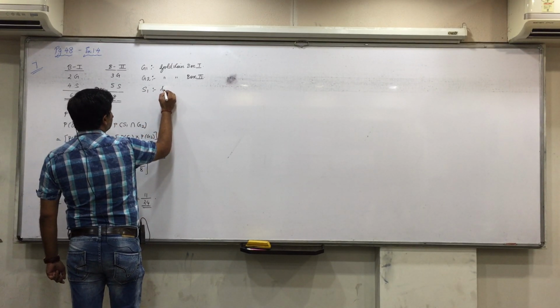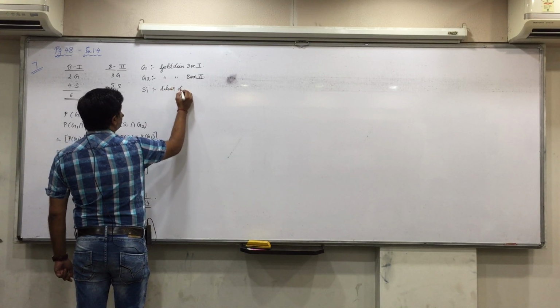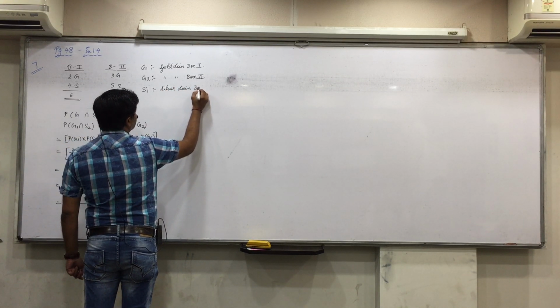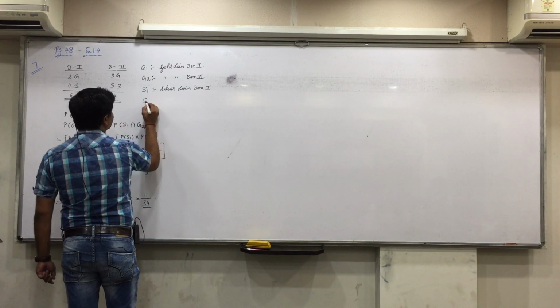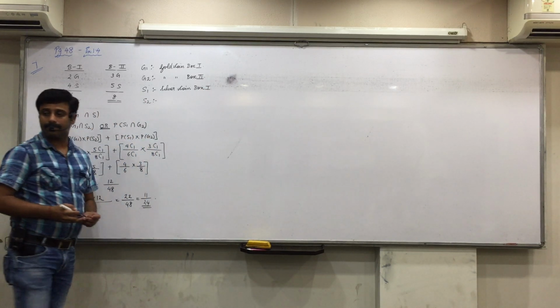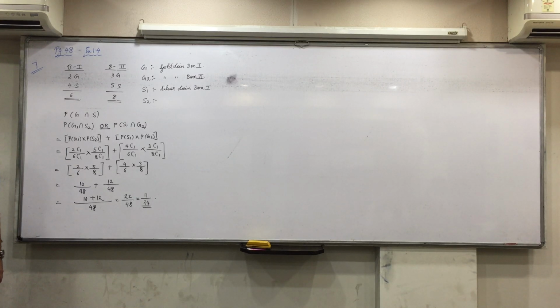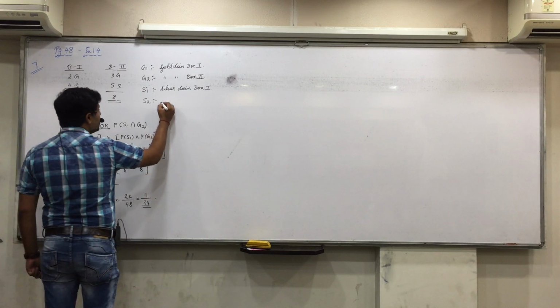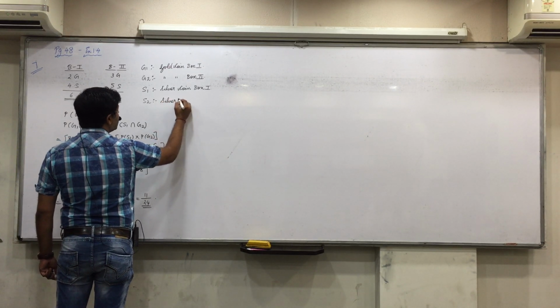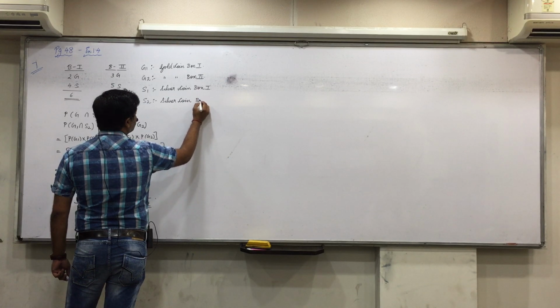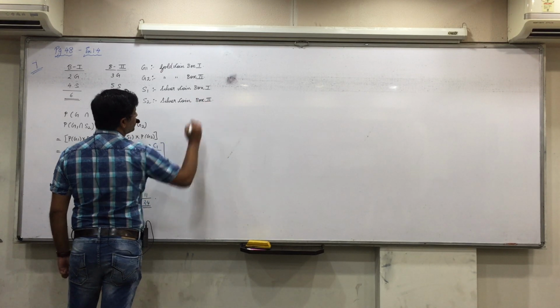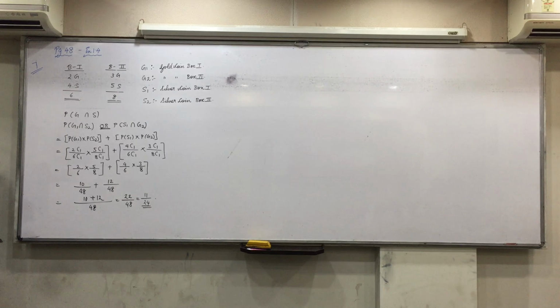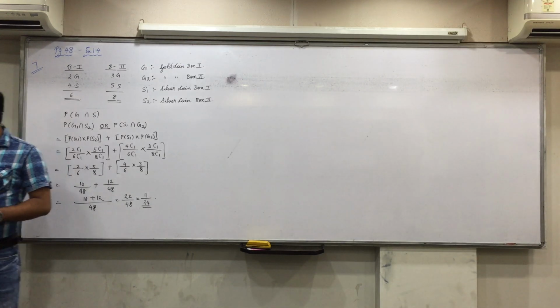Let S1 be the event that silver coin is selected from box 1. Let S2 be the event that silver coin is selected from box 2. Understood this? Any confusion with the definition of 4 events?